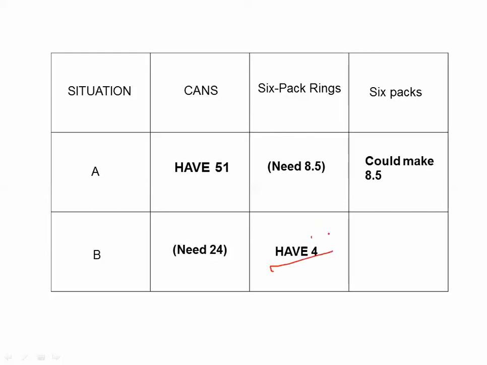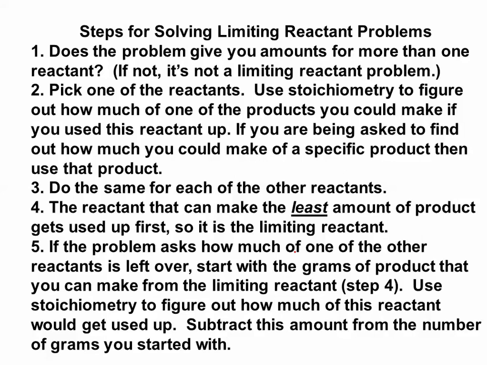You would need 24, and you could make 4 6-packs. So you're going to see this is the lower number. We only have enough plastic rings to make 4 6-packs, and then we're going to run out of the rings, because we need 8.5 to use all the cans, but we only have 4. So the plastic rings are going to be our limiting reactant.